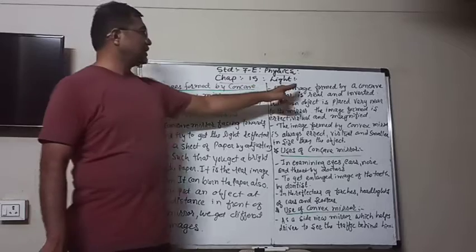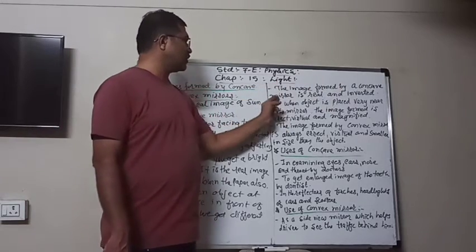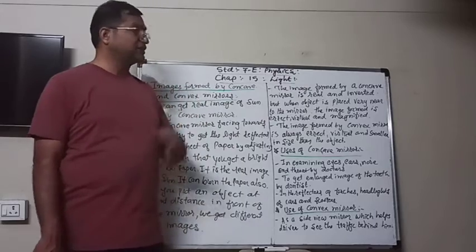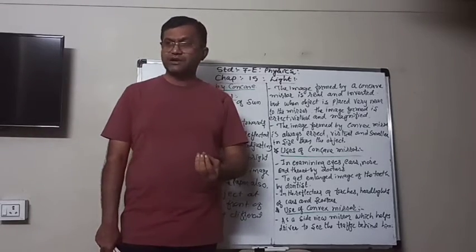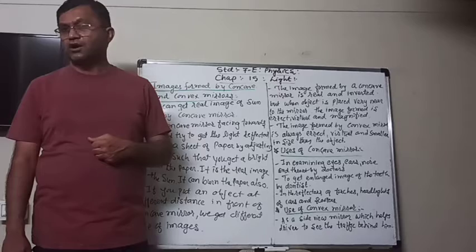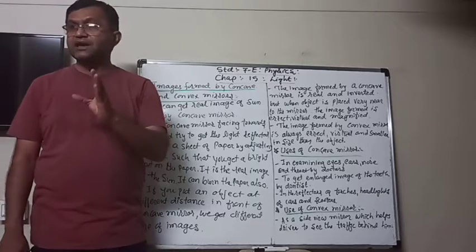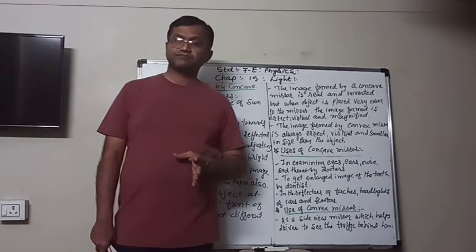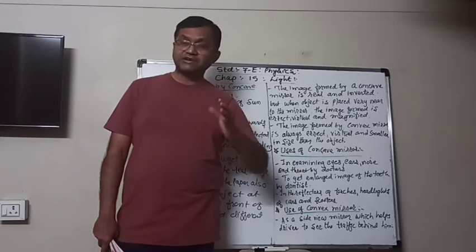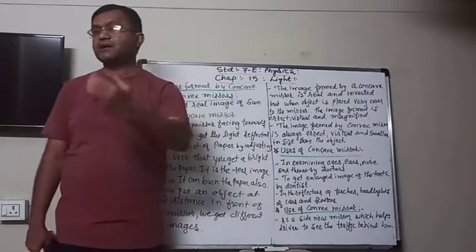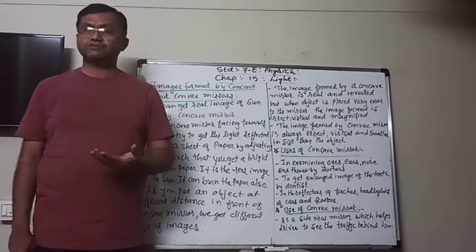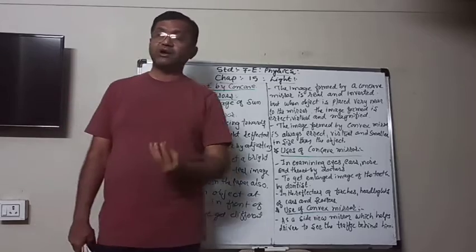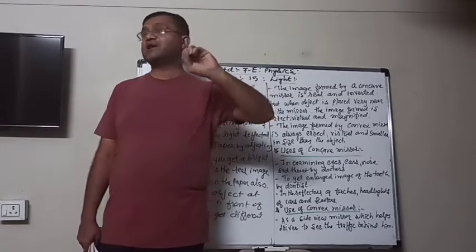So now the image formed by a concave mirror is real and inverted. It can be smaller in size also, it can be bigger in size also, or it can be the same size as the object also. It depends at what distance we are placing, and about it you will learn in higher standard, that when will you get smaller or bigger, larger images.